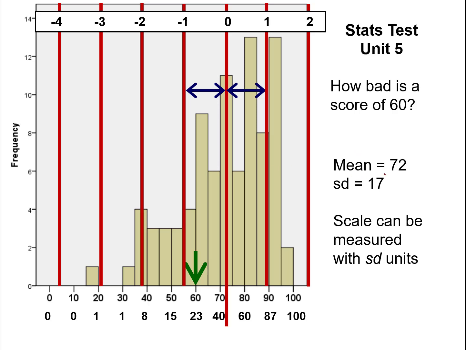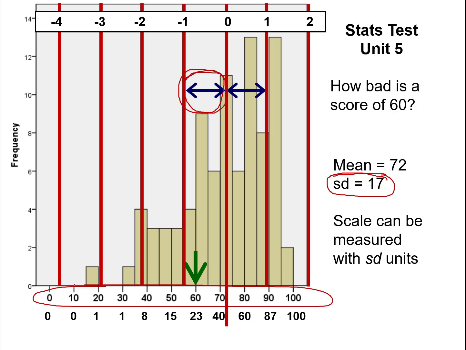We saw that our standard deviation was 17, and I drew these blue double-headed arrows that were exactly one standard deviation in length. The standard deviation is 17 units using our raw score units towards the bottom of our scale, the original scoring units that I used for my scale. So if I use this number line towards the bottom here, we can draw a blue line segment that's exactly 17 units in length. And then I could say this line segment is equal to one standard deviation.